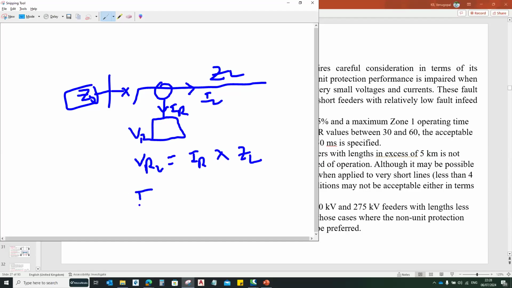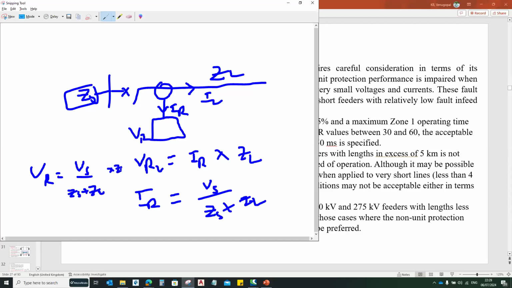But if I want to calculate the IR value, that will be the voltage of the transmission line, Vs, divided by Zs plus Zl. Now if I add this value to this one, then VR is equal to Vs by Zs plus Zl, into Zl.